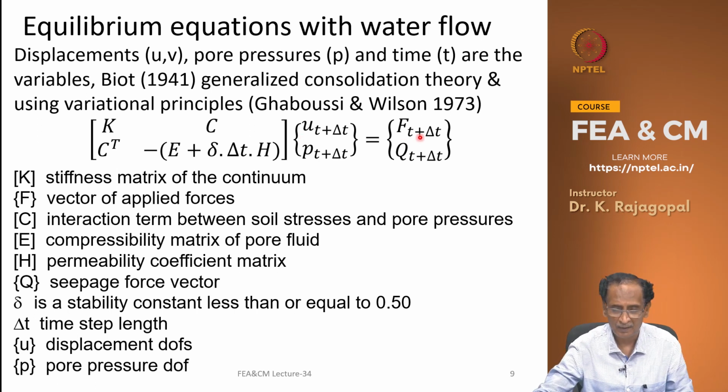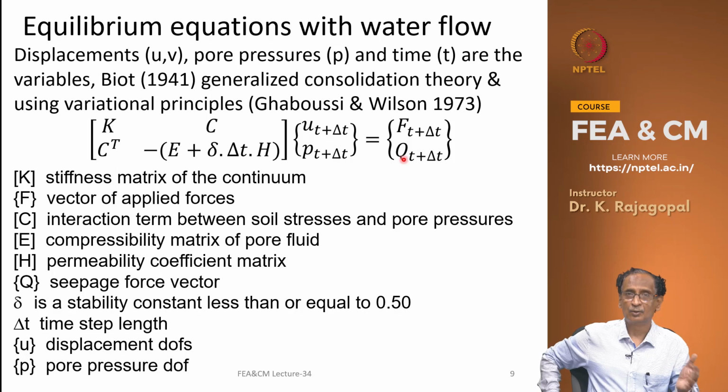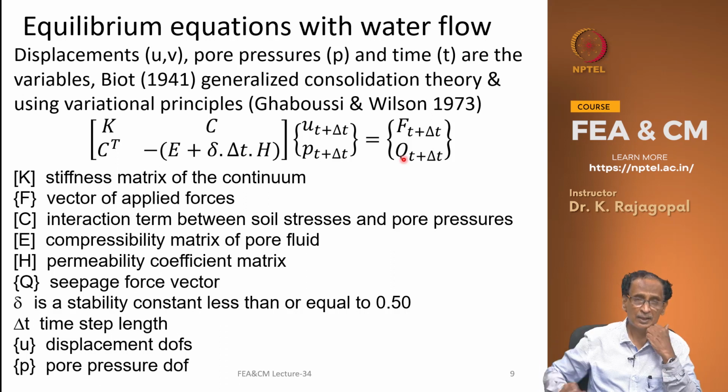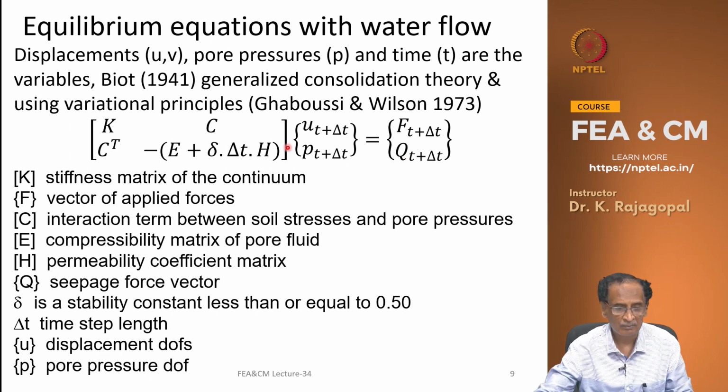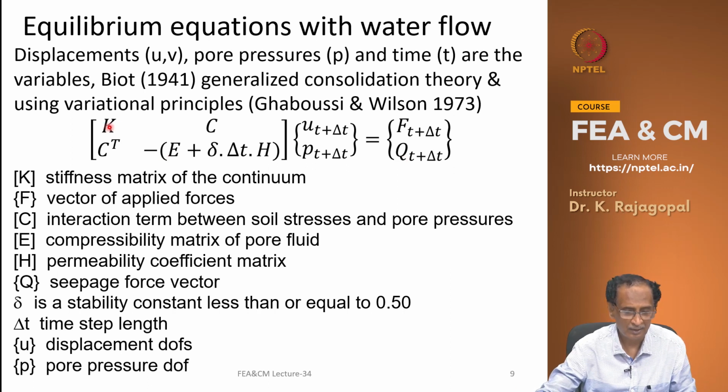And on the right hand side, F is the applied force vector, and Q is the seepage force vector. The Q is calculated based on the pore pressures, and here K is our stiffness matrix of the continuum.